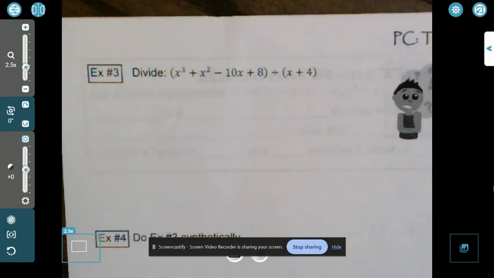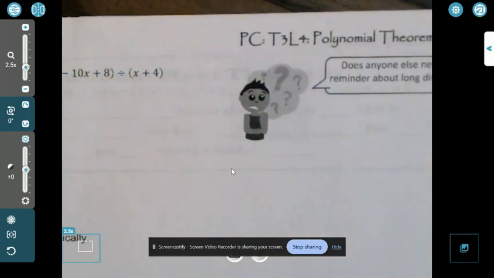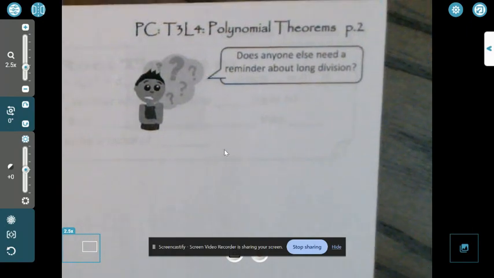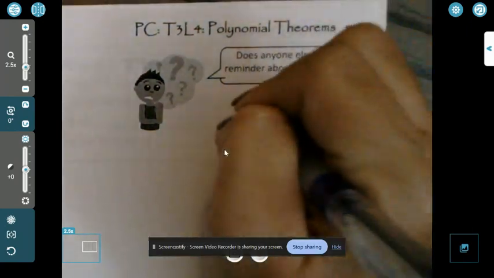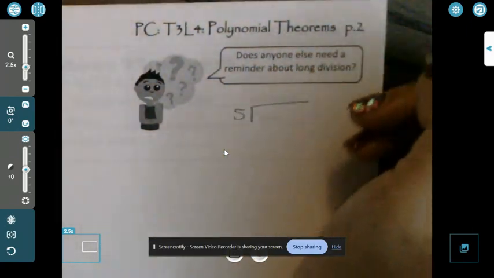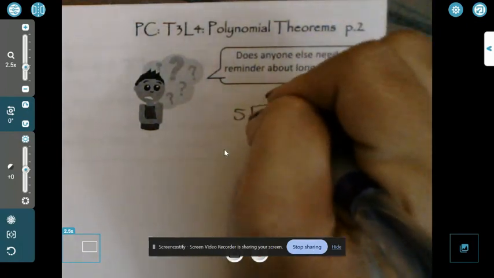We are actually going to do this the long division way. The long division way does take a little bit of work and a lot of thought process. Y'all may not remember long division, so I'm going to come over here real quick and do a simple long division problem just to remind us. Let's say we had to put 5 into 763.